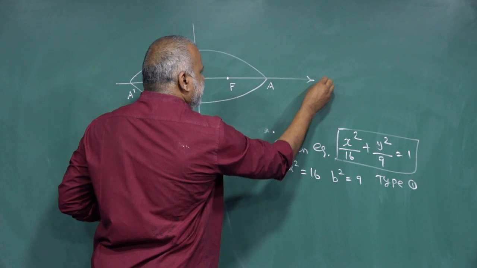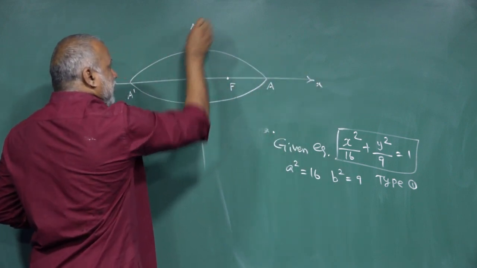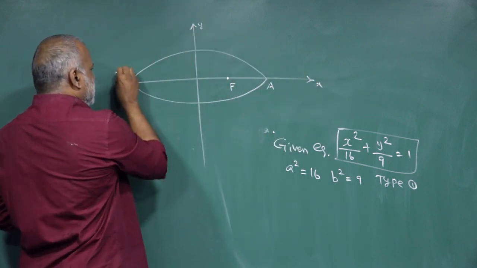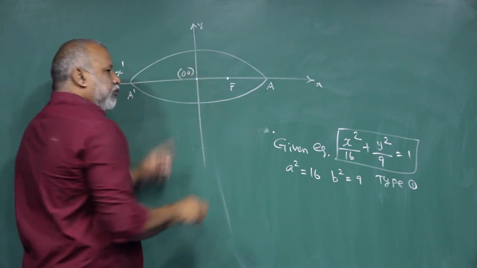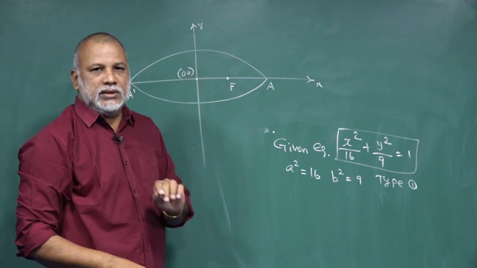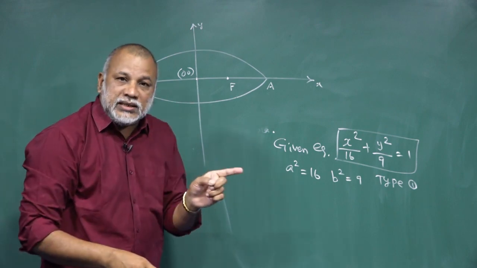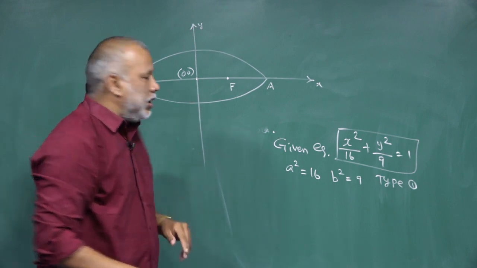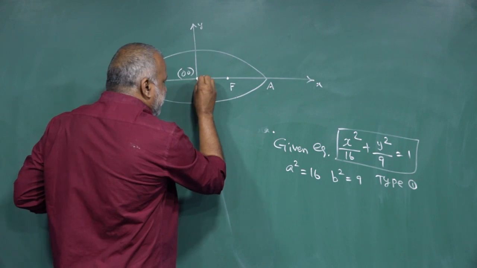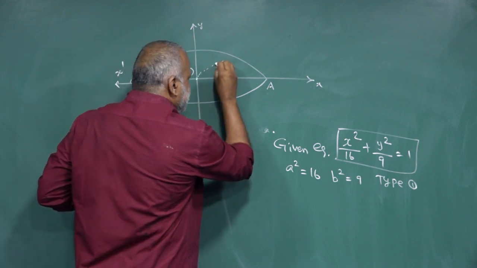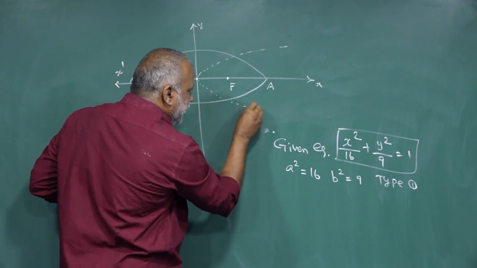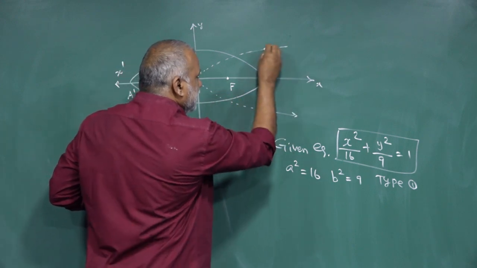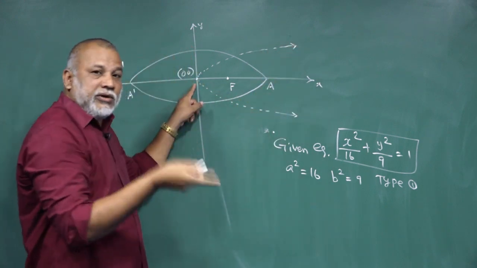Then we are having one more diagram along with this. See here, this is the center for the ellipse, but it is the vertex for the parabola. So already they are giving the data: the vertex of this parabola is at the origin, or it is the center of the ellipse.